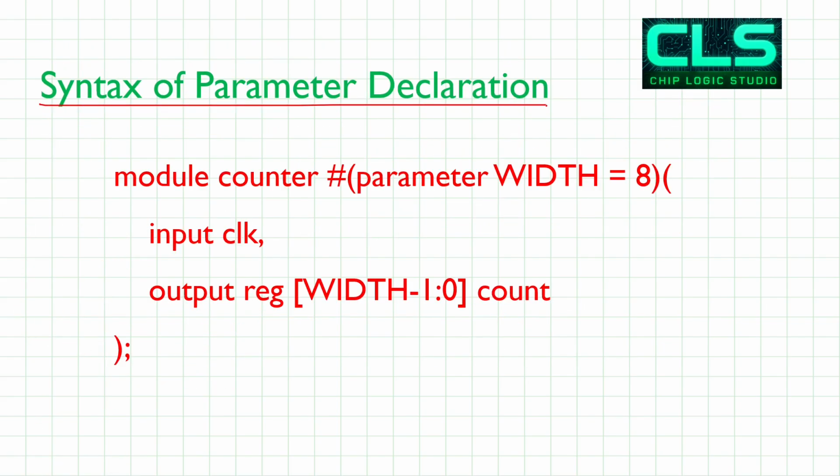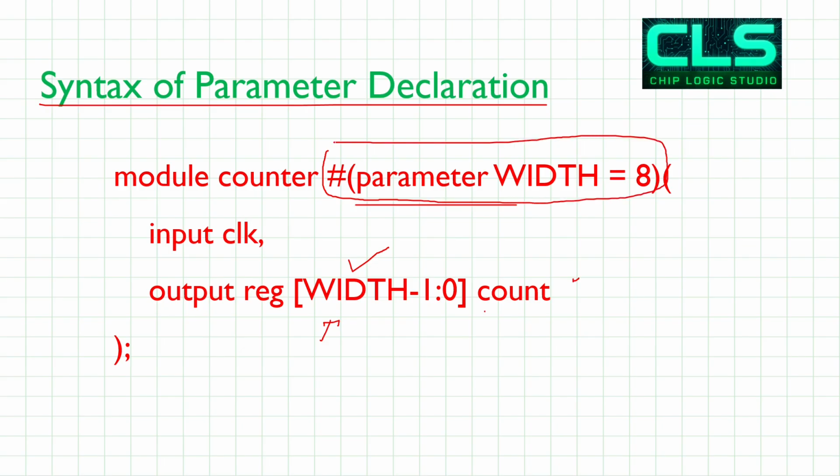So here is the syntax. Here syntax is for this width, count is a variable. Here it is our module. Inside our module we are just changing our width with the help of our parameter, and wherever you will see this hash before your ports, we use this hash and whatever parameter you need inside our module.